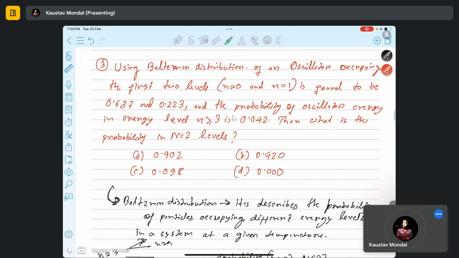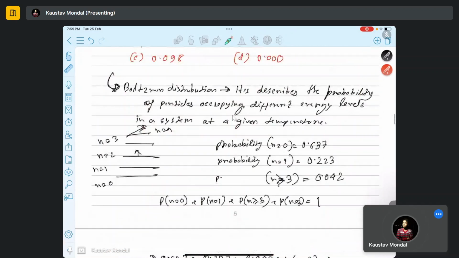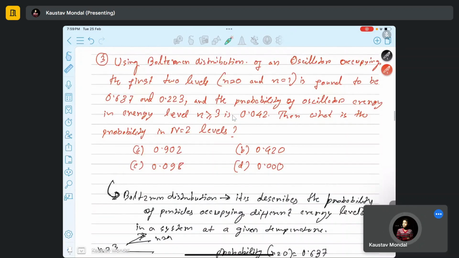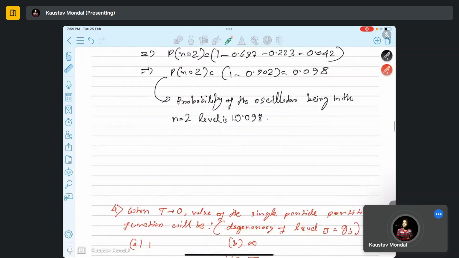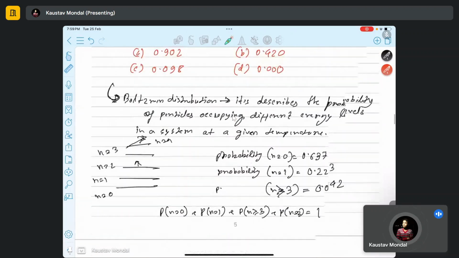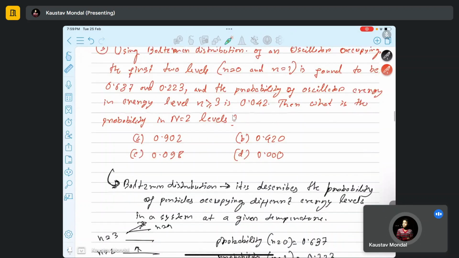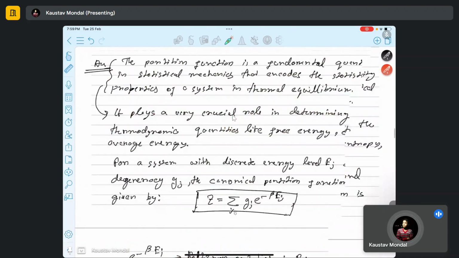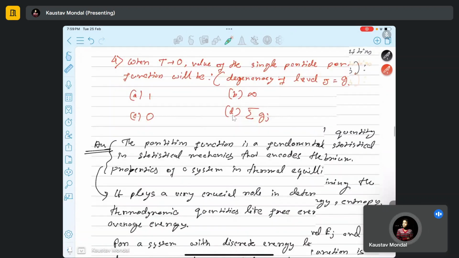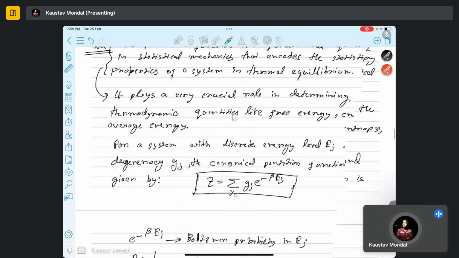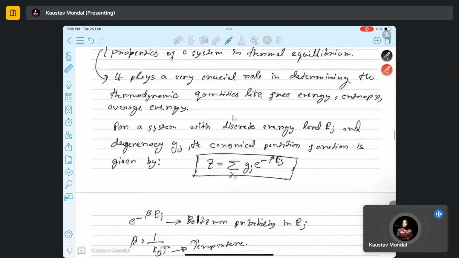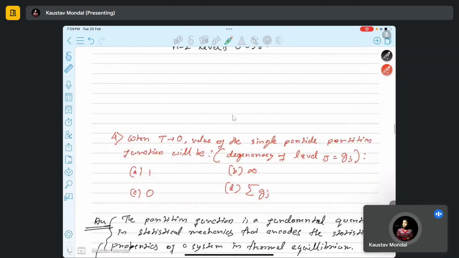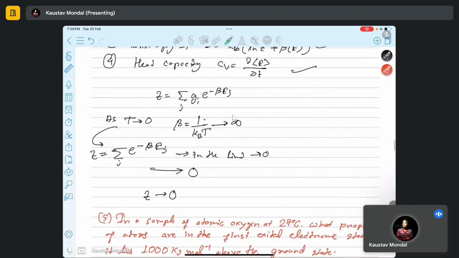Next problem, similarly there is the energy level of an oscillator, and we calculated the probability of getting the oscillator at different energy levels. Similarly, we used the concept of partition function, at the T tends to 0 limit, to calculate the partition function of a single particle.